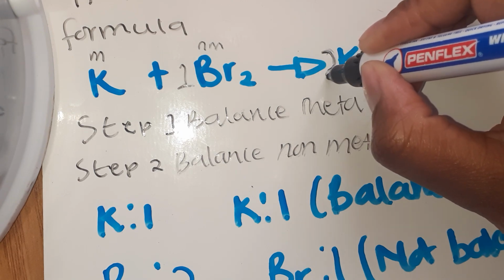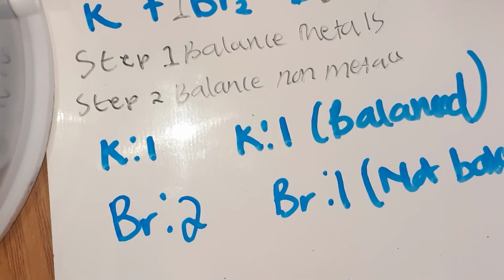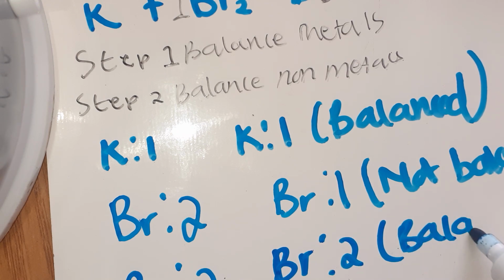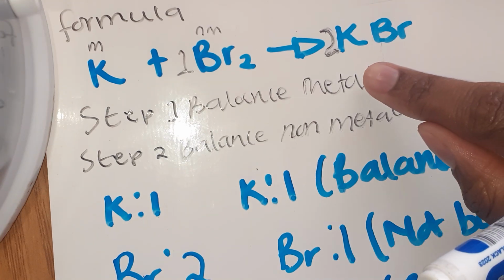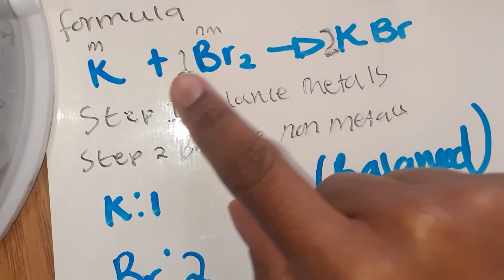When we add that 2, Br this side is 2, and Br this side is 2. They are now balanced. But if you can see, we have affected K.